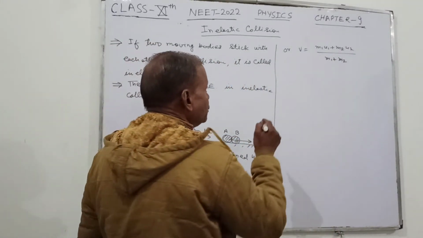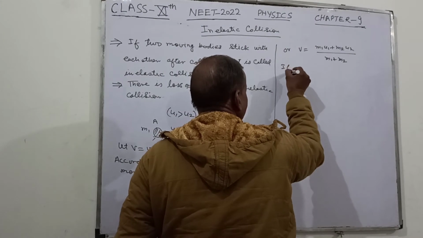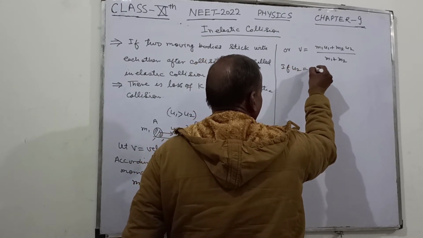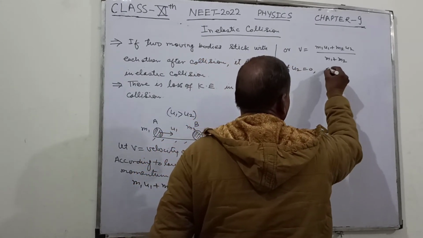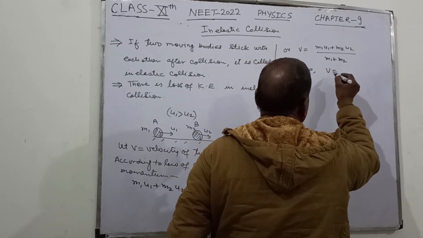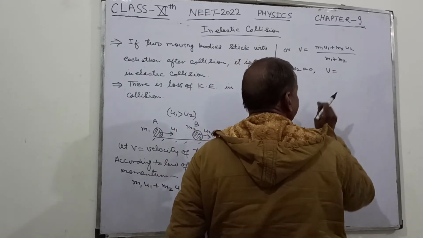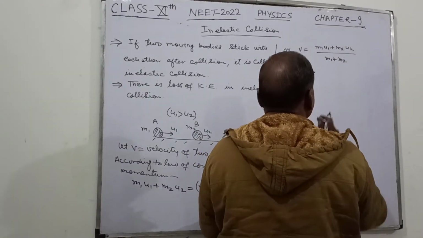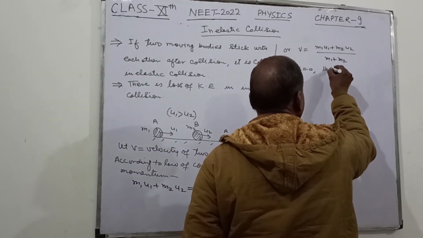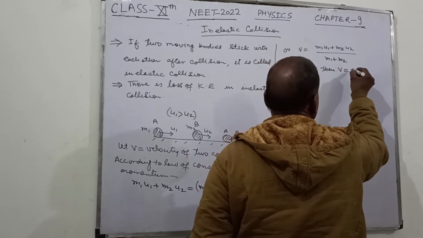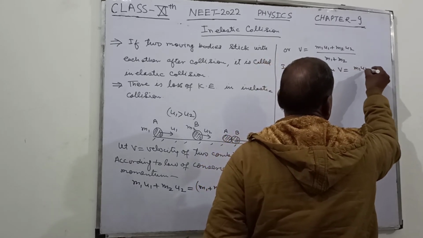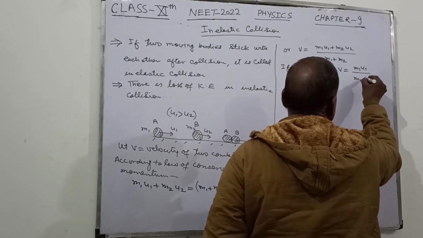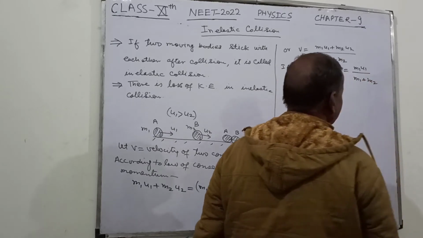If u2 is equal to 0, then V is equal to m1 u1 upon m1 plus m2.